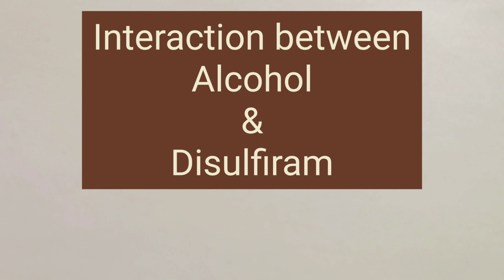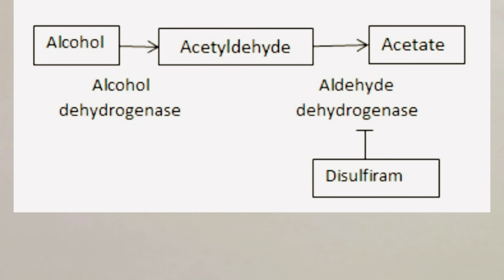The third example, the interaction between alcohol and disulfiram and other pharmaceutical agents that produce disulfiram-like reactions. Disulfiram causes an adverse effect with alcohol due to inhibition of aldehyde dehydrogenase and increasing the concentration of aldehyde, leading to symptoms of nausea, vomiting, abdominal pain, chest discomfort, dizziness, throbbing headache, palpitation, and so on.